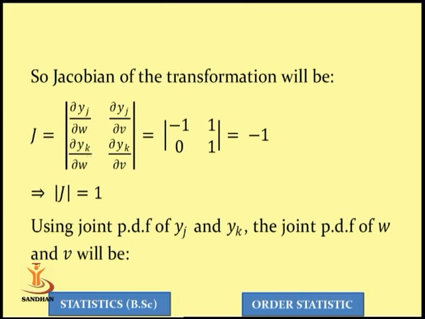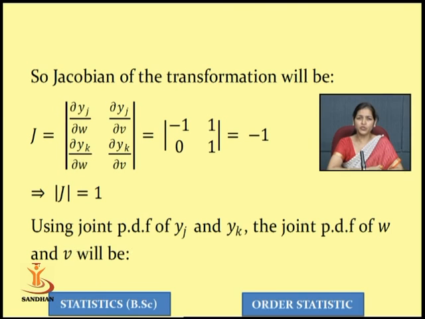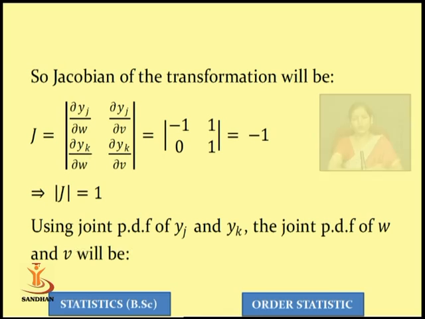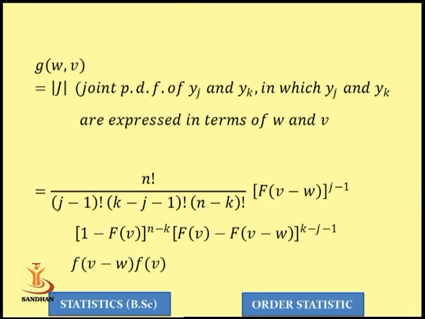So the Jacobian of the transformation will be defined like this, because you are transforming your variables from yj and yk to w and v. This is your Jacobian matrix, whose determinant is going to be minus 1, and so the absolute value of the Jacobian is going to be plus 1. So using the transformation technique, the joint distribution of w and v will be like this: n factorial upon j minus 1 factorial, and so on.